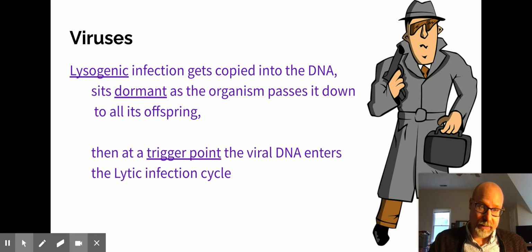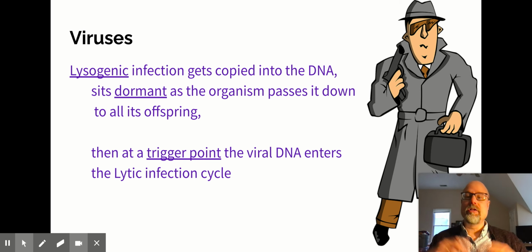As the bacteria, being a living organism, reproduces, all of its offspring, that is to say, all of the bacteria that come into being out of binary fission because of that bacteria dividing, and then the daughter cells dividing and dividing and dividing, all of those bacteria carry the genetic information for this virus, and they sit dormant as the bacteria reproduces to fill as much of the environment as it can.